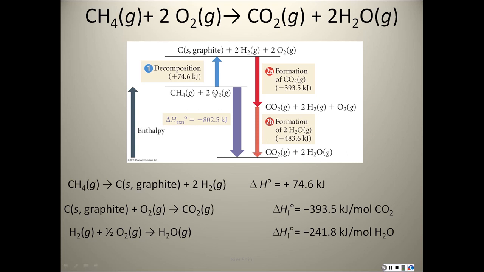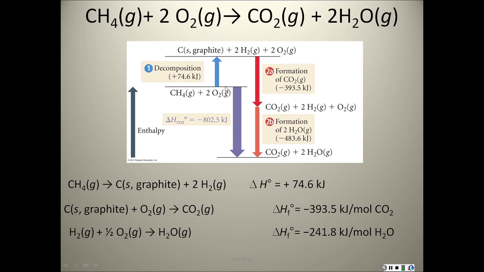Why? Because it's exothermic and because the energy of the products is lower than that of the energy of the reactants. Okay, so the first thing that happens is in step 1 of this reaction, this is a stepwise reaction. It takes more than one step to get from this to this. So step 1 is that CH4 degrades to solid graphite. Solid graphite is carbon in its elemental composition, and then hydrogen gas.